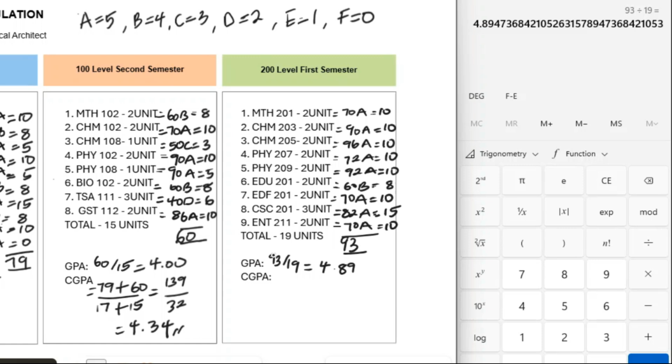So your CGPA now, you start again from 100 level.